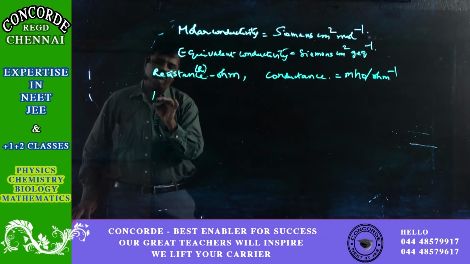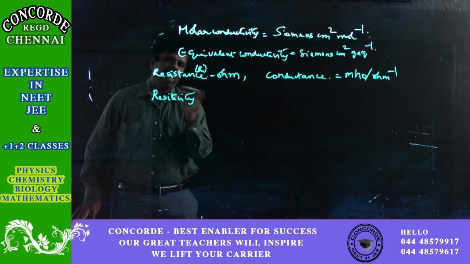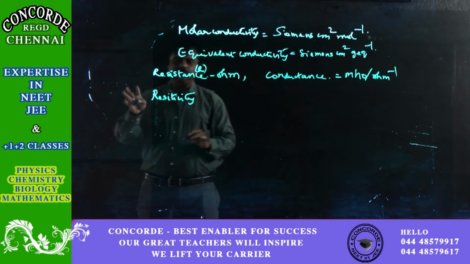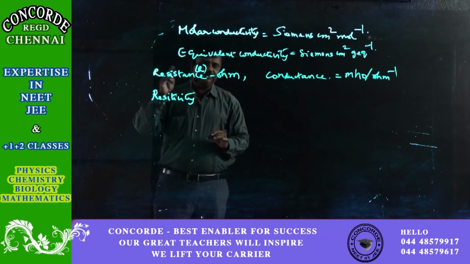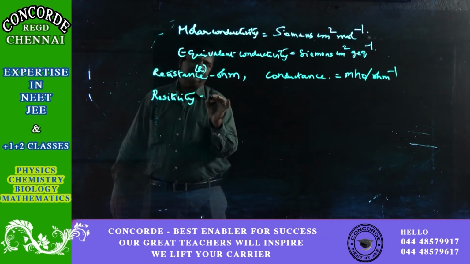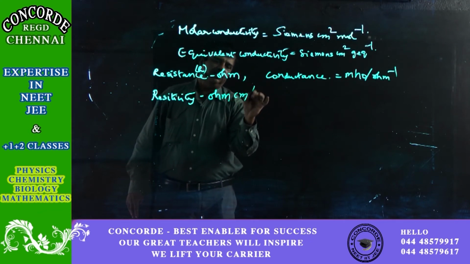The next thing is resistivity. Resistivity is the resistance offered by unit length of the conductor with unit area of cross section. The unit is ohm centimeter or ohm meter.